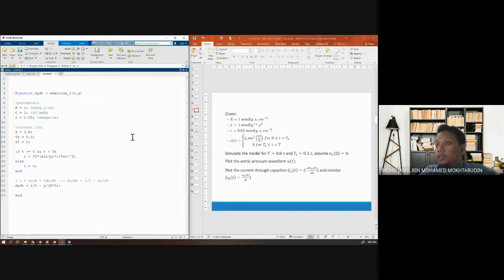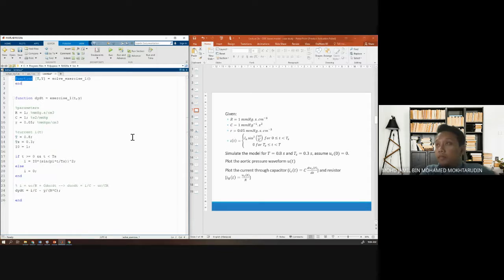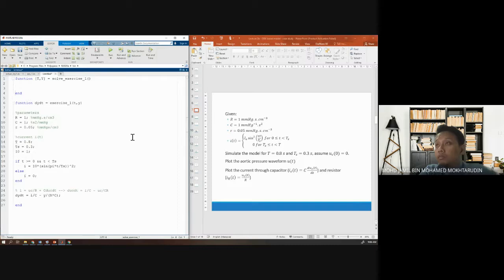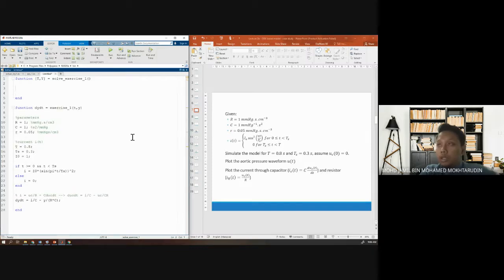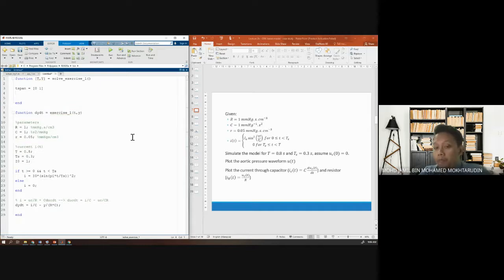Then we can write function number 2, which is the solver. So solve exercise. The first thing that you need is the time span. Here it isn't given, so maybe just write from 0 to 1. And then y0 is not given here, so assume at time 0 it equals 0.